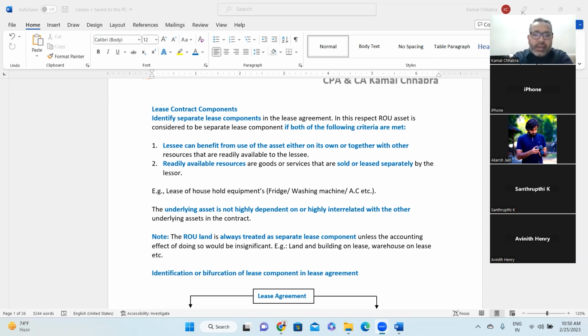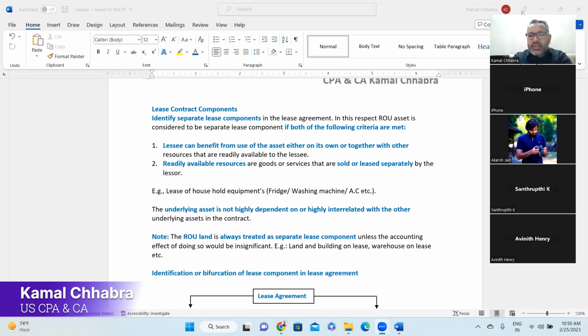If you look at identifying separate lease components in a lease arrangement, a right-of-use asset is considered a separate lease component if both of the following criteria are met. Why are we identifying separate lease assets? So that we can give an appropriate value for the right-of-use asset as well as the lease liability for the respective component and category, and accordingly we can amortize also.